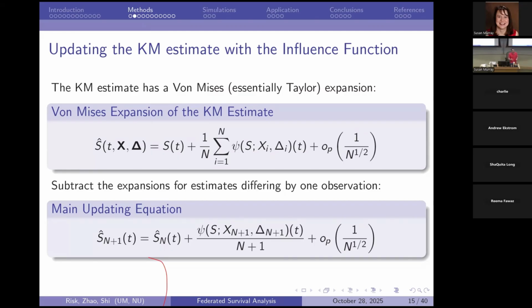We want to add the influence of the new observation, and we want to weight it in proportion to the amount of other observations that are already in the sample.